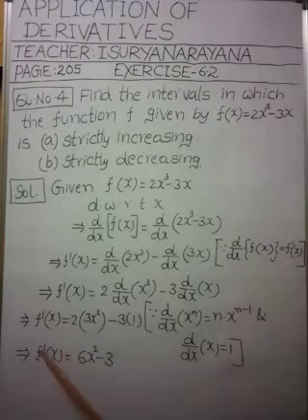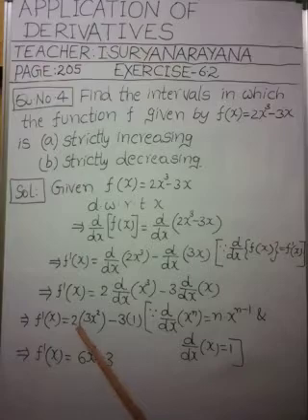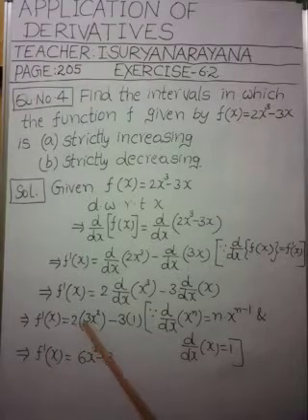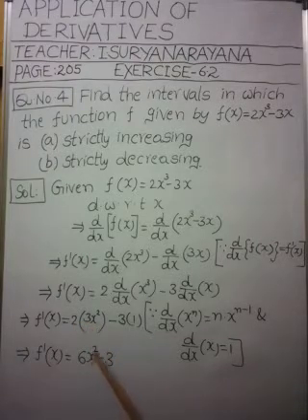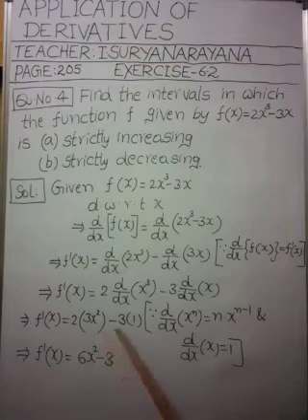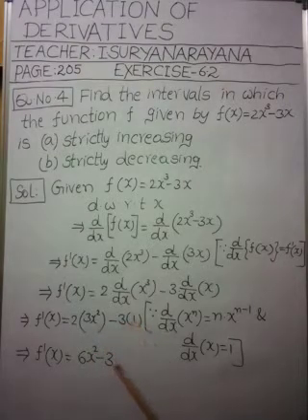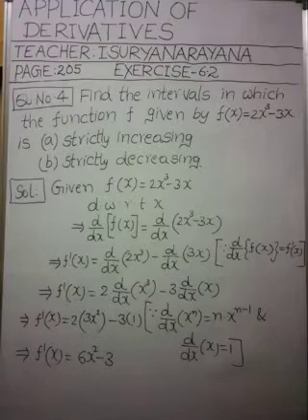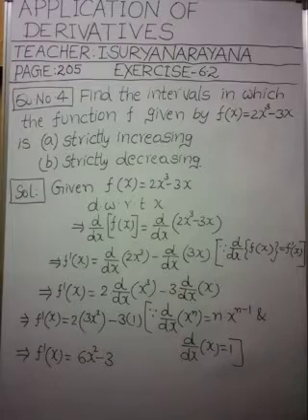Then this implies f dash of x is equal to, what will you get here? 2 into 3x square, 6x square. Understood this first term? Minus 3 into 1. What will you get? 3. Right. So here we got the derivative of the given function, that is 6x square minus 3. Understood? This is the first step.